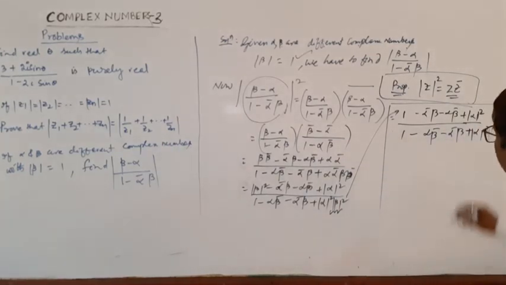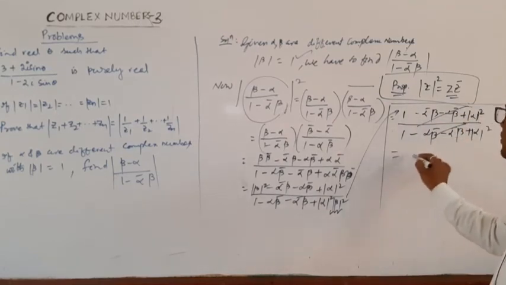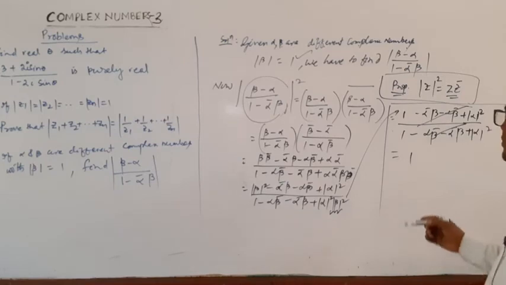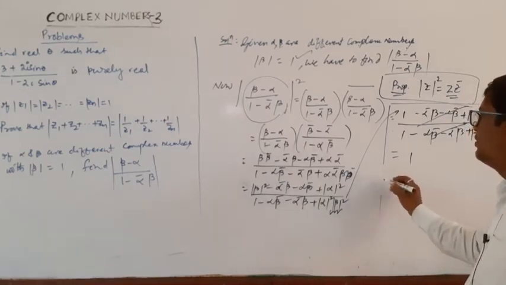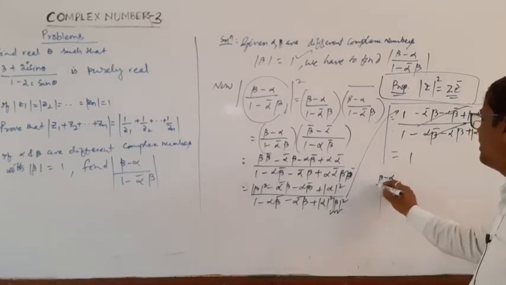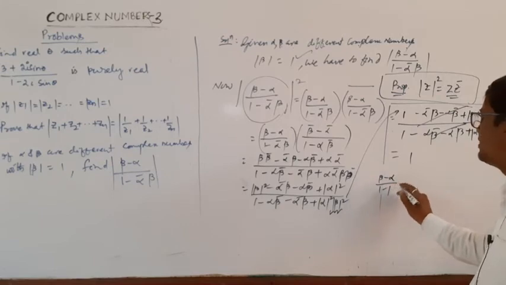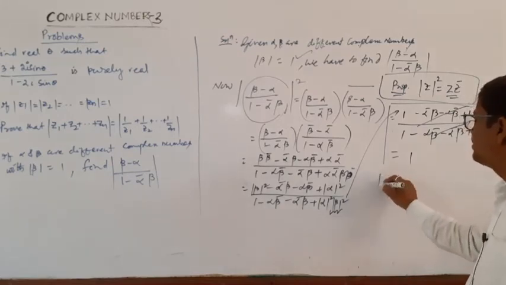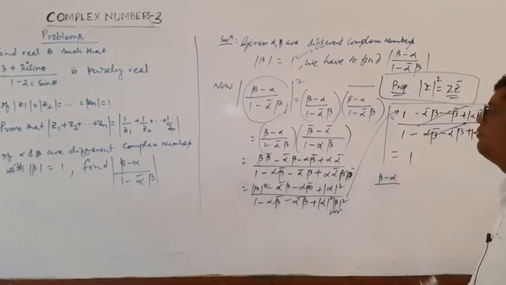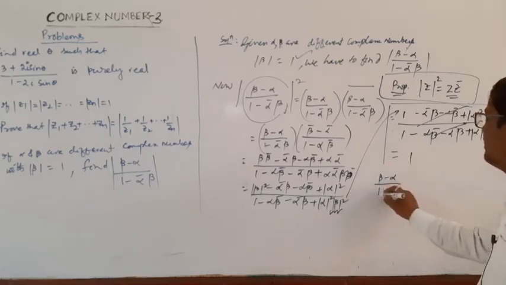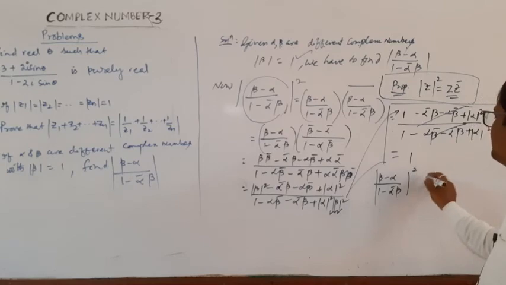The numerator and denominator are equal, so cancel it, this is equal to 1. So we get, beta minus alpha divided by 1 minus alpha bar beta, whole square is equal to 1.